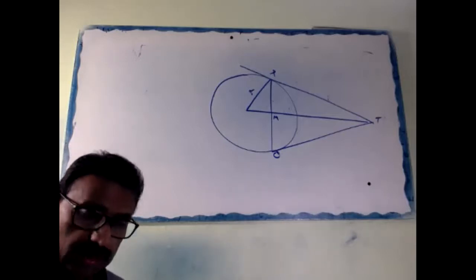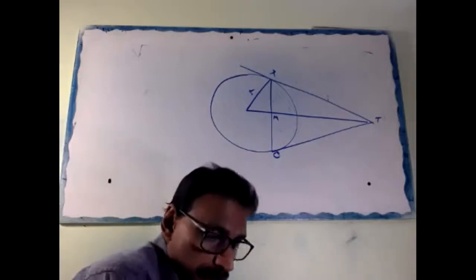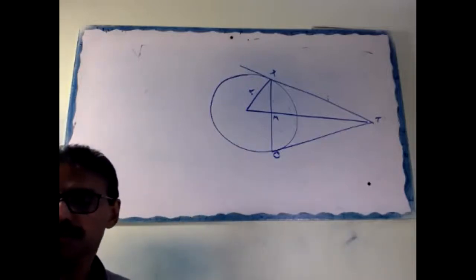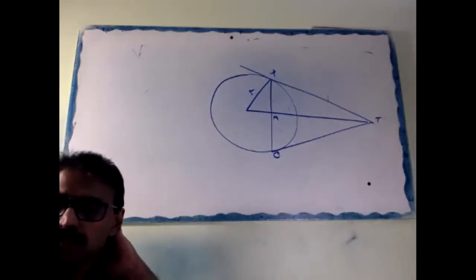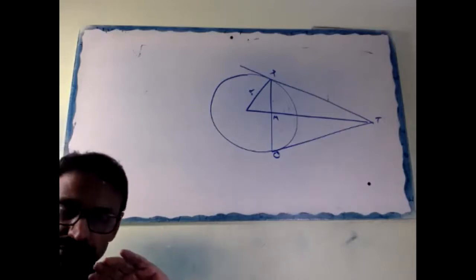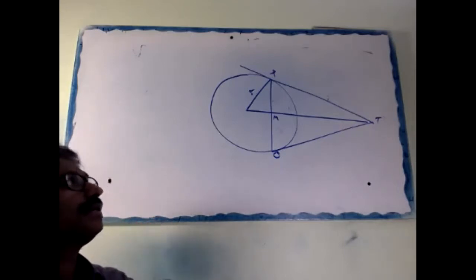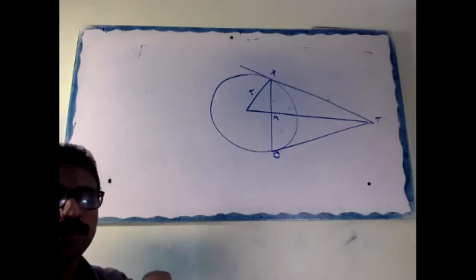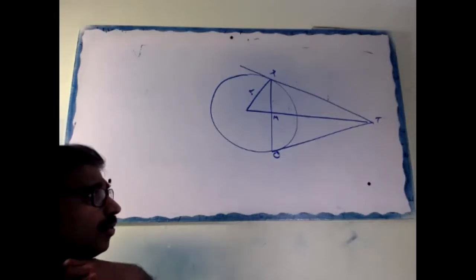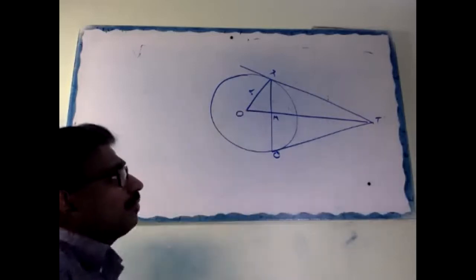Okay, question clear now? PQ is 8 centimeter, the radius is 5 centimeter. You have to find the length of TP.